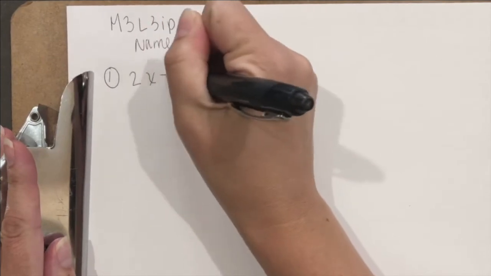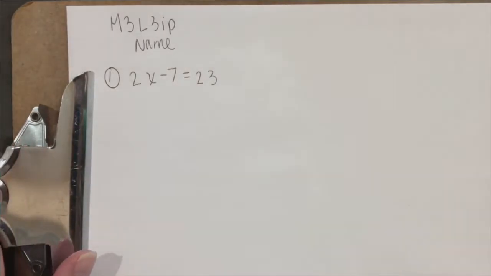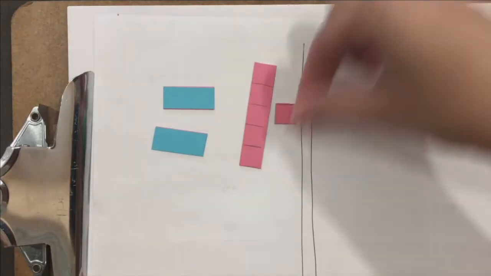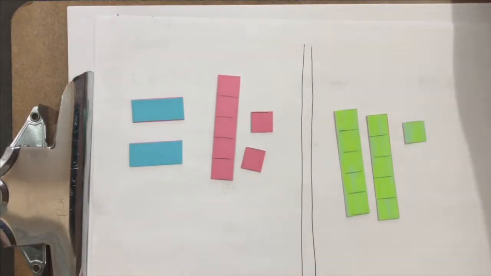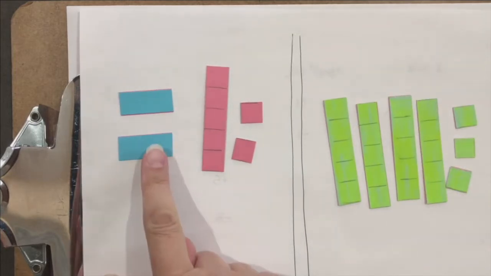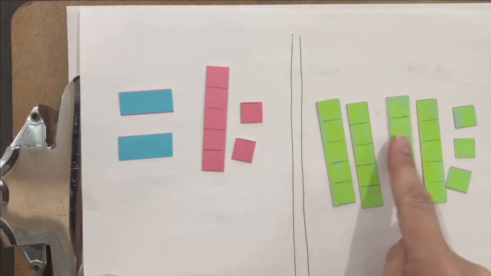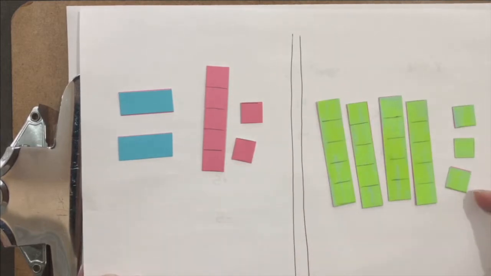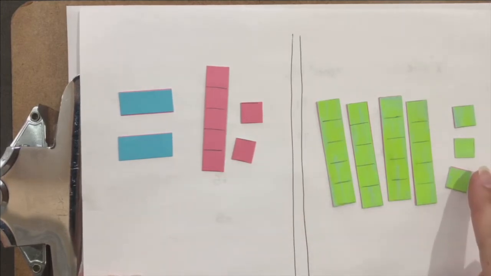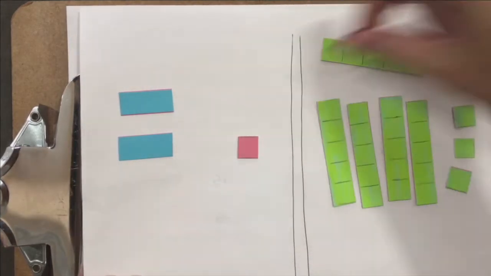2x minus 7 equals 23. I'm going to get this set up on the equation mat. Okay, I have 2x minus 7 equals 5, 10, 15, 20, 1, 2, 3. 2x minus 7 equals 23. So here's what we're going to do. We're going to flip to get all the ones on one side.